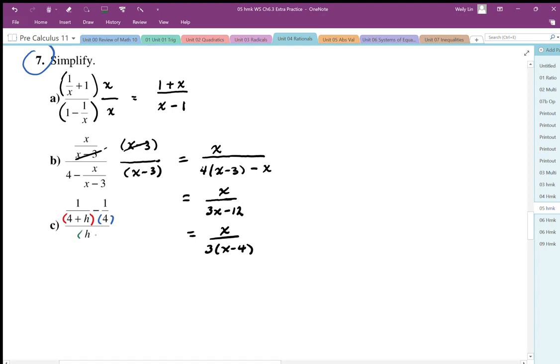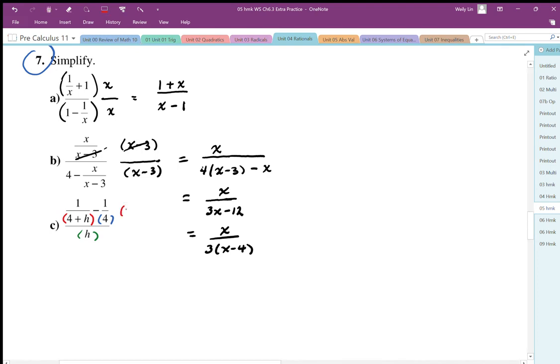Now for this one here, it's probably easier to just multiply both the numerator parts with 1 over h. However, we can still eliminate the divide by 4 plus h and divide by 4 by multiplying both those factors.